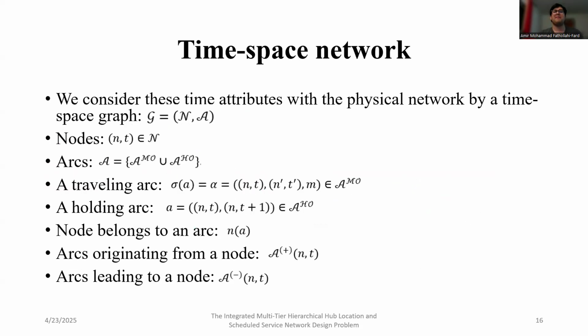To define a time space network, we add the time periods to the definition of the physical graph. So there is a time-space graph where the nodes are defined by two dimensions: the location and the time.